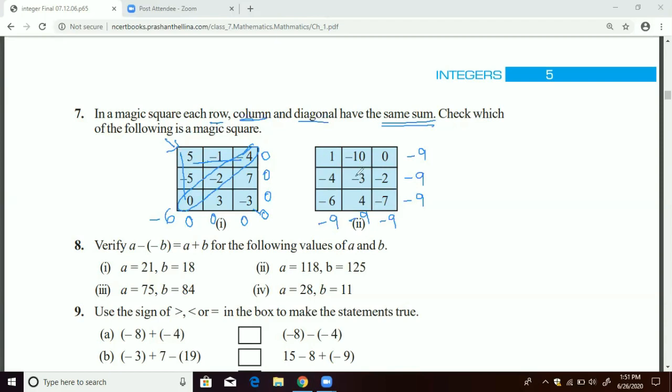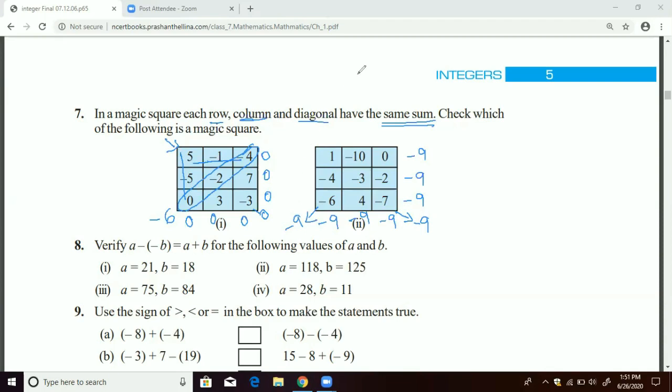Negative 2 plus negative 7, both are negative, so in this diagonal you will get a negative 9. Then the opposite diagonal, negative 6 plus negative 3 plus 0. Negative 6 plus negative 3, in this diagonal you will get a negative 9.